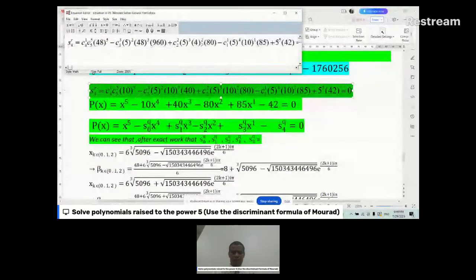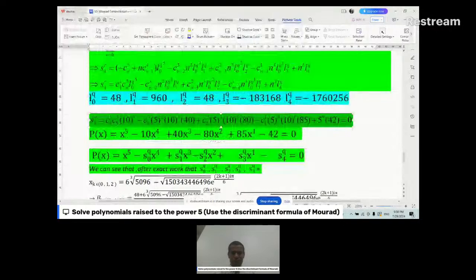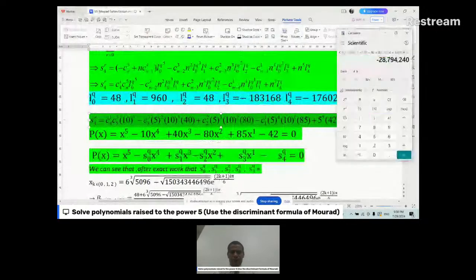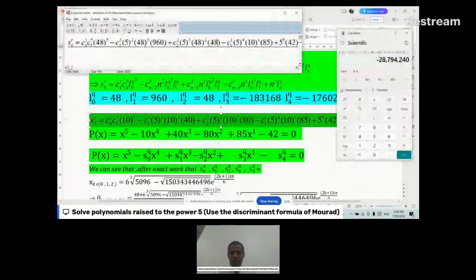Sorry, this is also 48. Go back to your calculator. No, this one changes. We told L2 is 48. Then L3 is negative 183,168. Yes. Okay.